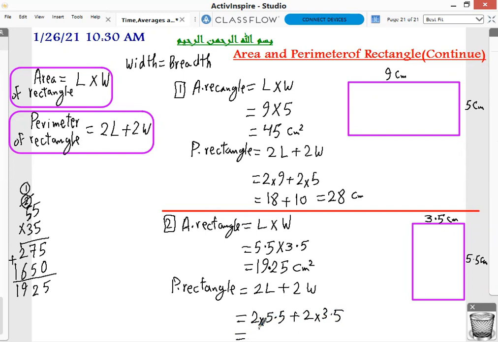Then 2 multiply 5.5, double of 5.5. Plus 2 multiply 3.5, double of 3.5.